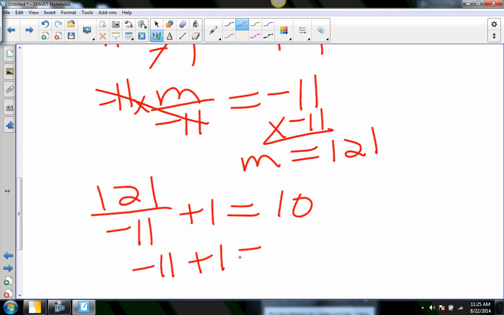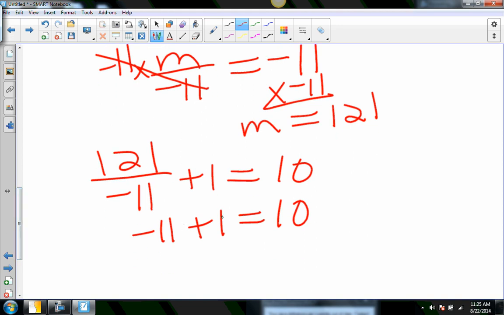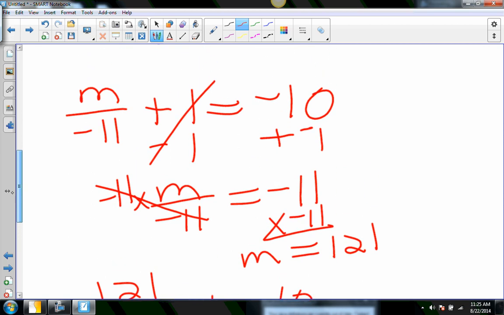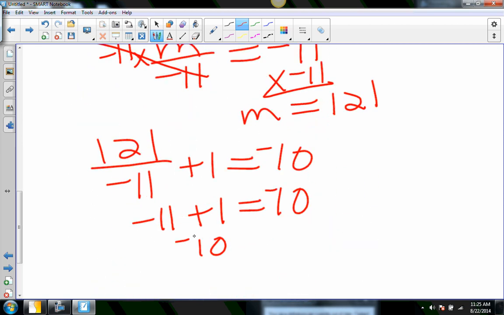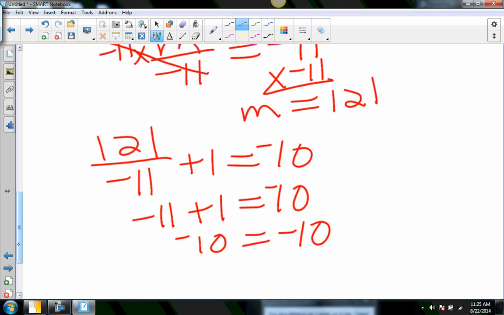Negative 11 plus a 1, you'd subtract them because they're opposite signs. 11 minus 1 is 10, and it's a negative 10. In my original problem, it was supposed to be negative. Oh, it was negative. I just wrote it down wrong. So negative 10 equals negative 10. So yes, it does check. It did work. So we did it correctly.